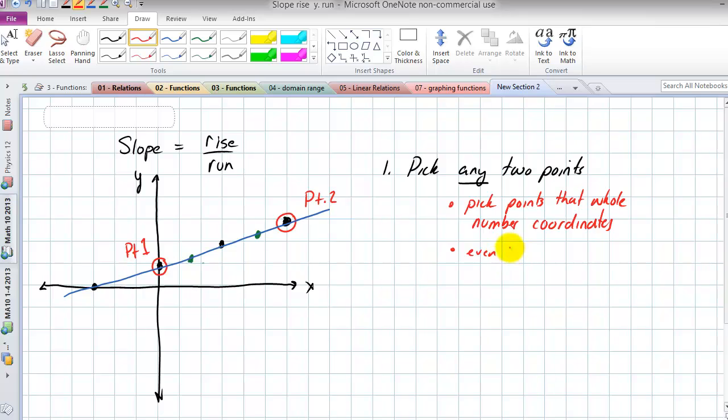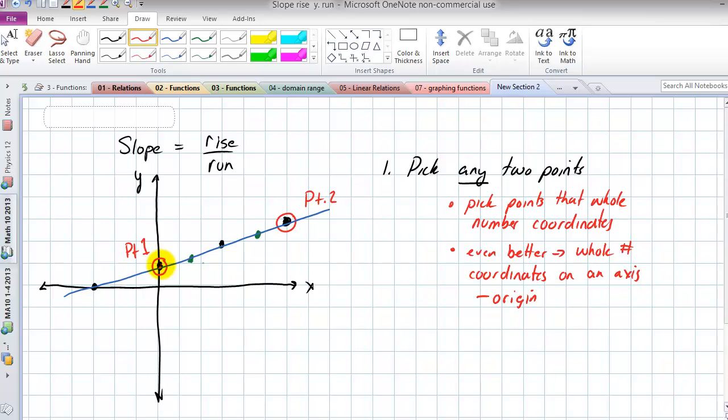Even better, whole number coordinates on an axis, or the origin. So I've picked one. Both my points have whole numbers, and point 1 is on an axis.